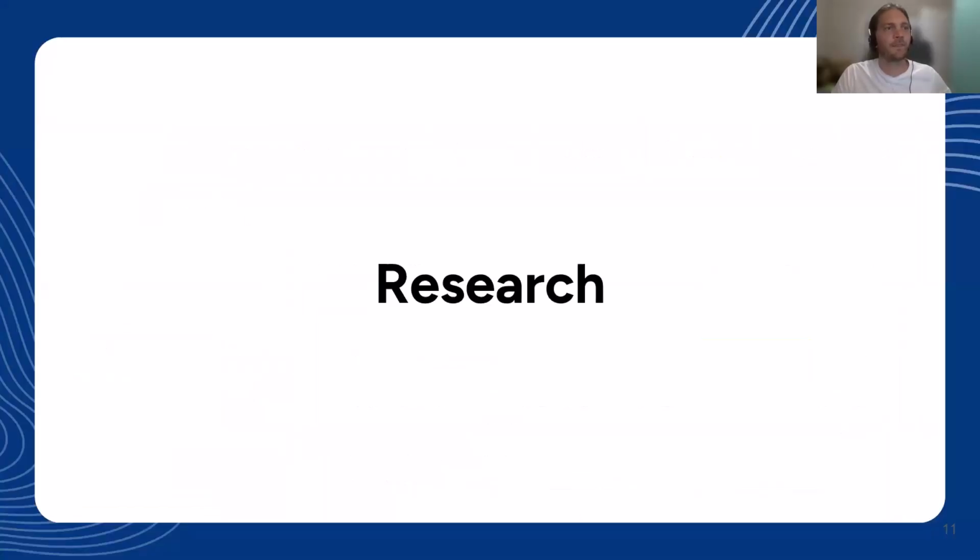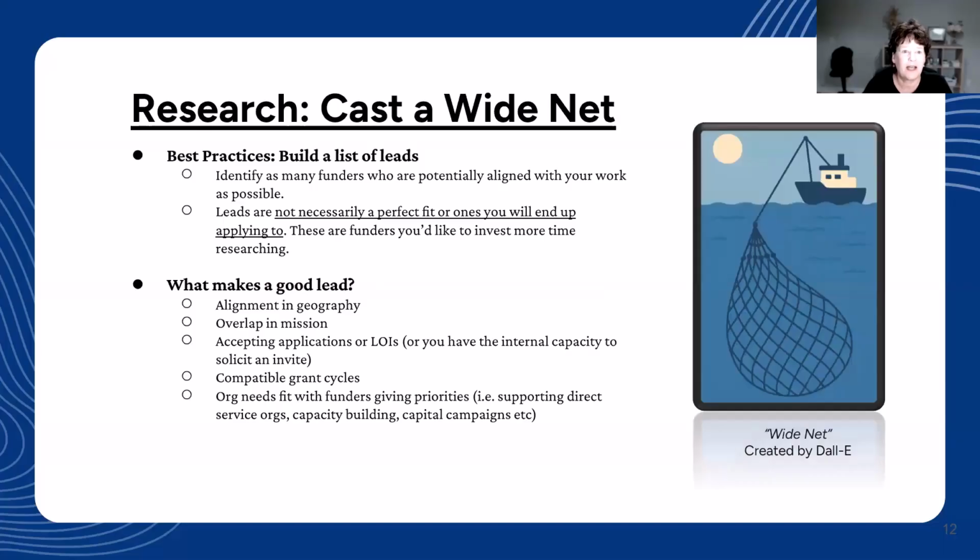All right, so we're going to jump back to these slides and move on to the research. So now we are looking for those funders. David showed you how you can just click right on GrantStation to find that. But what you're doing on this second step, after you've done that planning and thought through your projects and you have a variety of search terms, looking at everything from a variety of angles, is coming up with a list of leads, if you will, to find all those funders that are aligned with the work that you do.